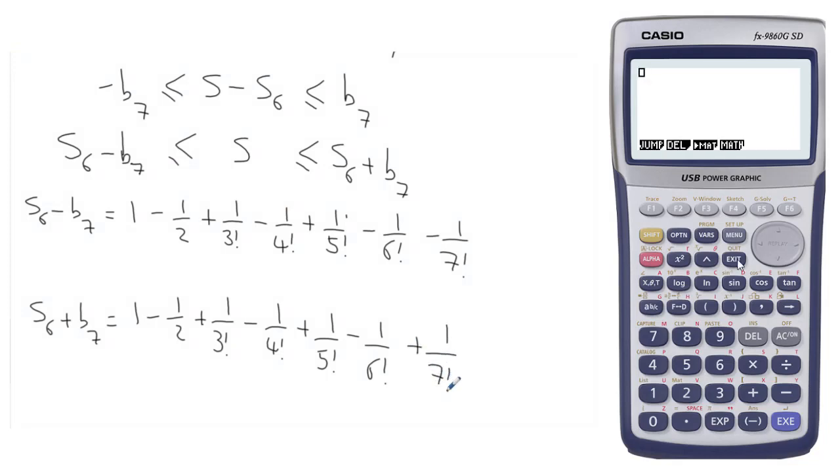Okay, so now we go to our calculators and we're going to have to use factorial, so get it ready. It depends on which calculator you're using.